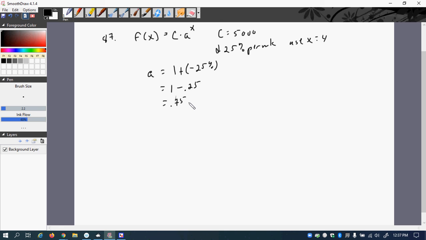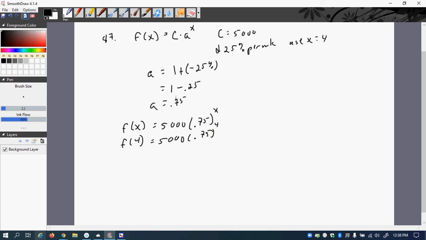So there's the 0.75 for a. I already know what my start is, so I'm going to use f of x equal to 5,000 times 0.75 to the x, and then I'm going to put 4 in. So f of 4 is 5,000 times 0.75 to the 4th power.